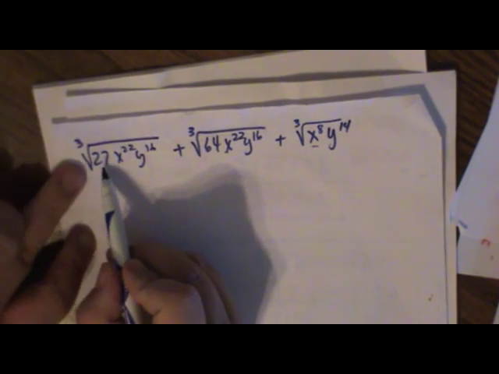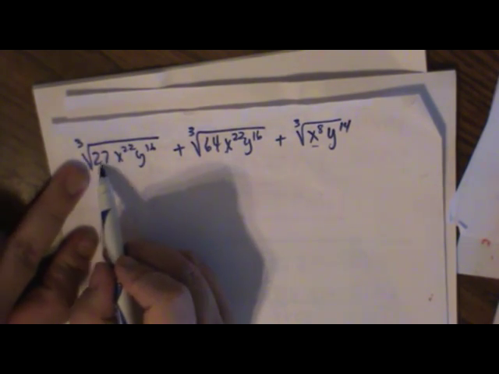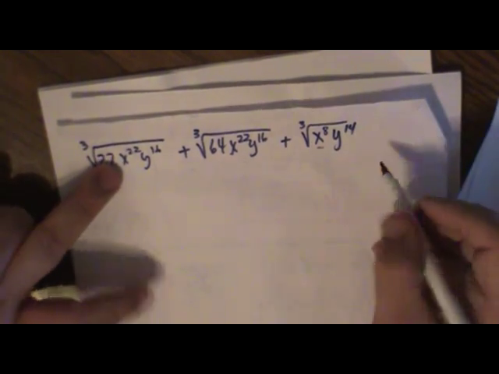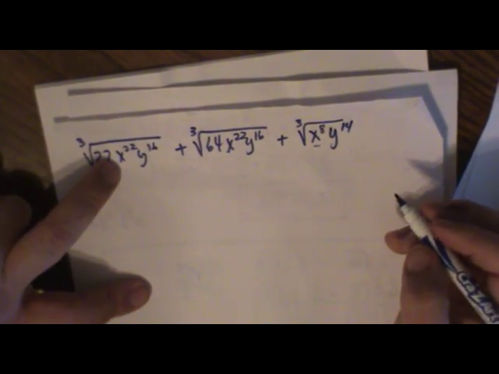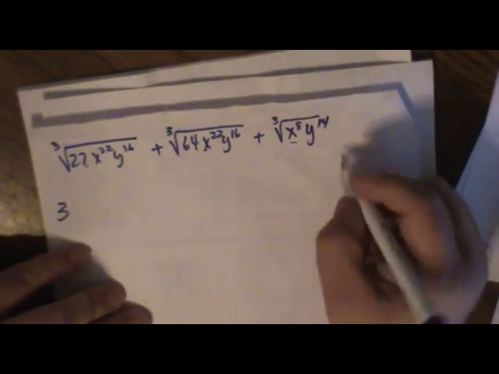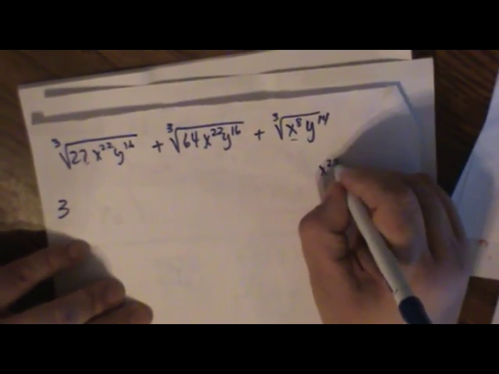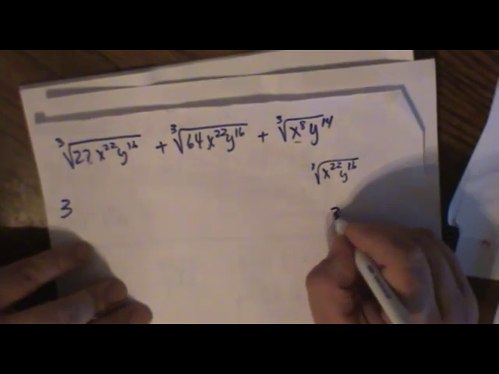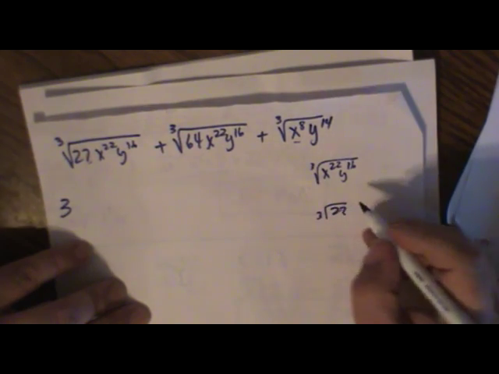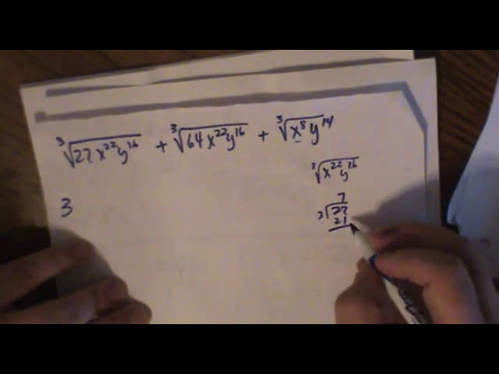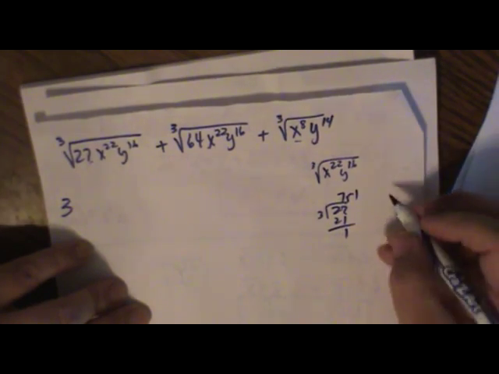We know that the cube root of 27 is 3. But we want to know what the cube root of x^22y^16 is. So 22 divided by 3 is 7, 3 times 7 is 21, remainder of 1.